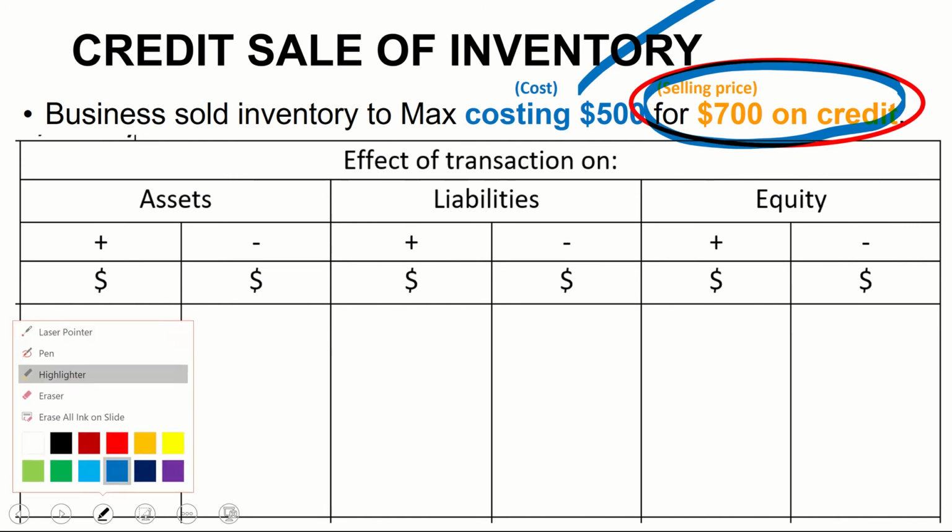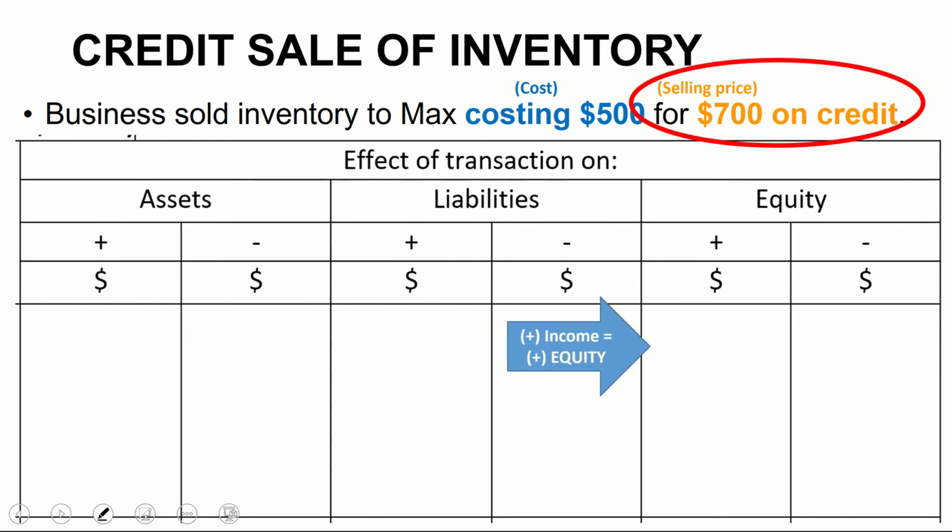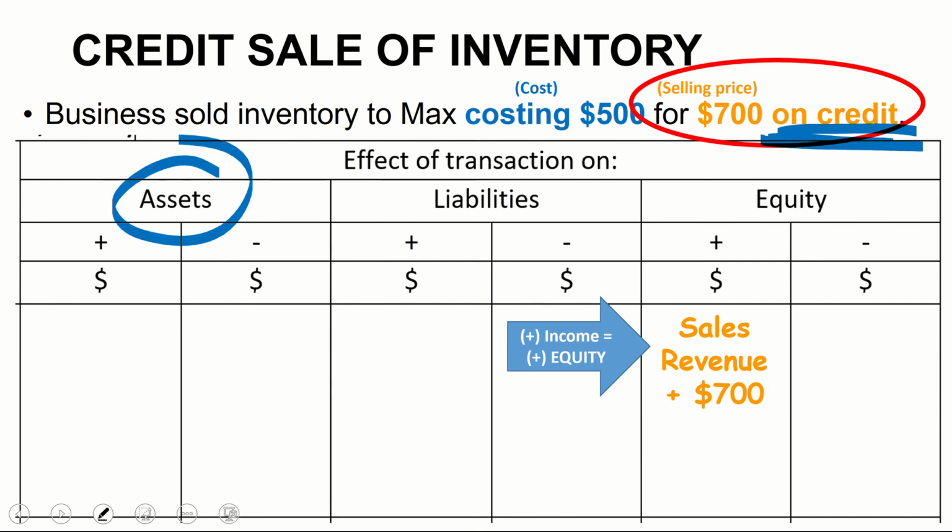How should we record this transaction? When you sell your inventory, you get an income. From the previous section, when there's an increase of income, your equity also increases. So you will have sales revenue plus $700. But how do I record this on credit? Your customer owes you money and has not paid you yet. That is trade receivables, which are part of assets.